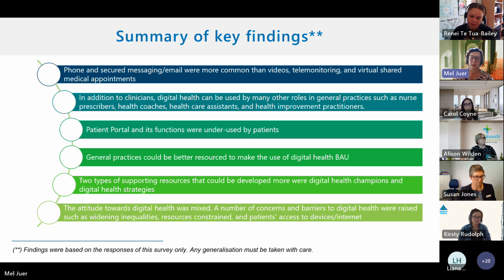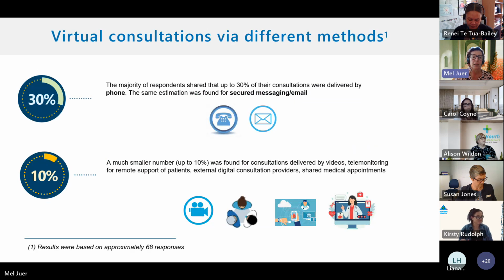A huge opportunity still is the patient portal, and we'll talk a little more about the barriers to that. And then I finish up with planning and barriers and what general practice might do next to continue that scale adoption.